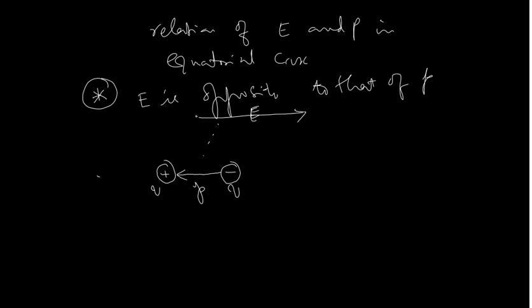And now the final expression they have written is, when r is much greater than a, obviously a square is ignored. Then what happens, you will have E is equal to 2qa divided by 4 pi epsilon naught into r square plus a square to the power of 3 by 2, that automatically becomes r cube.